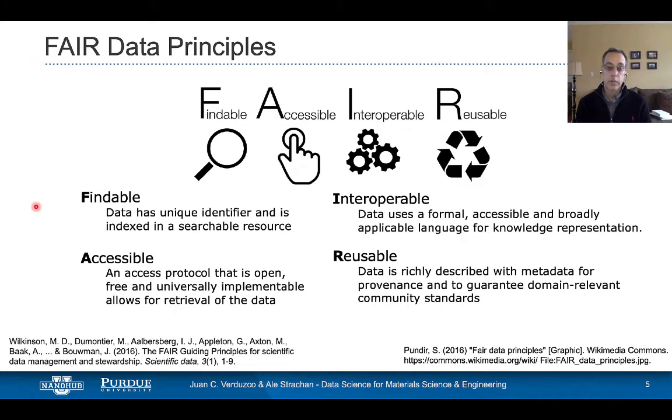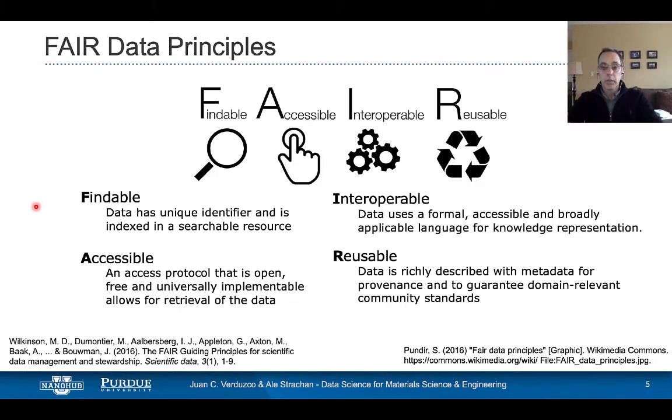In the last few years, a set of principles evolved. They're called FAIR data principles that aim at making data findable, interoperable, accessible, and reusable. And so for the data to be findable, they need to have a unique identifier. You probably are familiar with DOIs, digital object identifiers, and the data should be searchable.